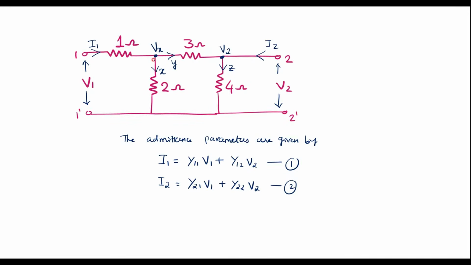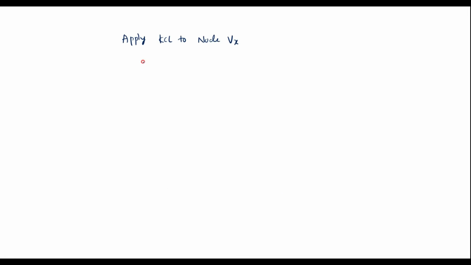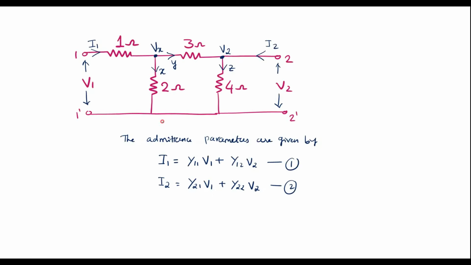Now in this circuit, first apply KCL to node Vx. So we know that incoming current is equal to outgoing current. Here current I1 is incoming, where X and Y are leaving node Vx. So I can write I1 is equal to X plus Y. I can express X in terms of node voltage as X is nothing but Vx divided by 2.